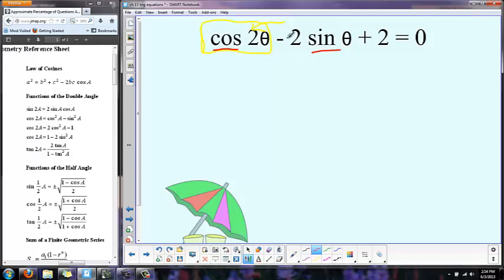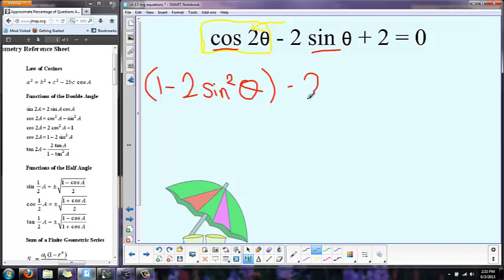We want to get everything in terms of one variable. So why not pick the equation that only has sine in it? That way my entire equation only has sine in it. So instead of cosine of 2 theta, I'm going to write this one, which only has sine. 1 minus 2 sine squared. We're using thetas, so sine squared theta.